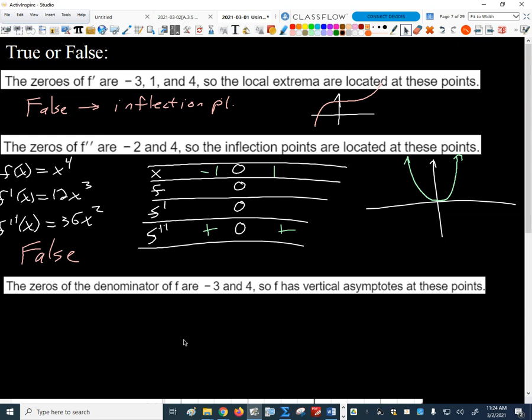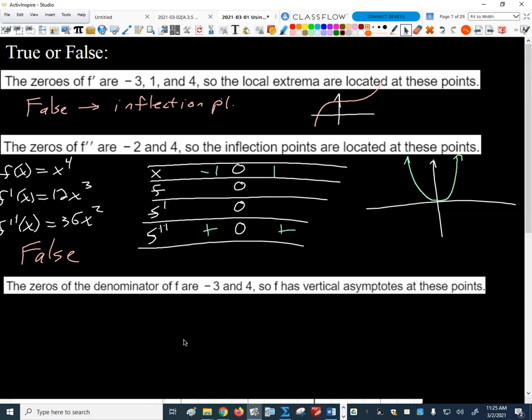Now, what are the conditions for a vertical asymptote? Do you remember, Amber, what the conditions for a vertical asymptote are? It's a zero of what? Anybody want to fill in the blank there?